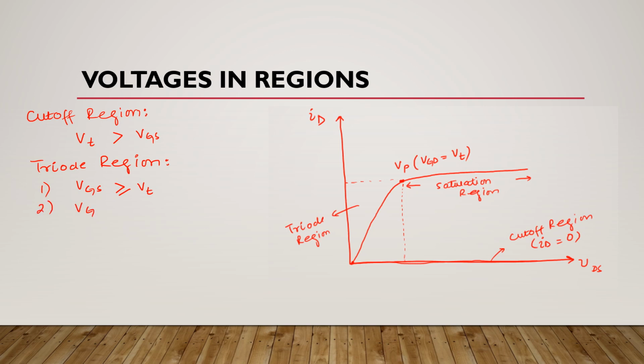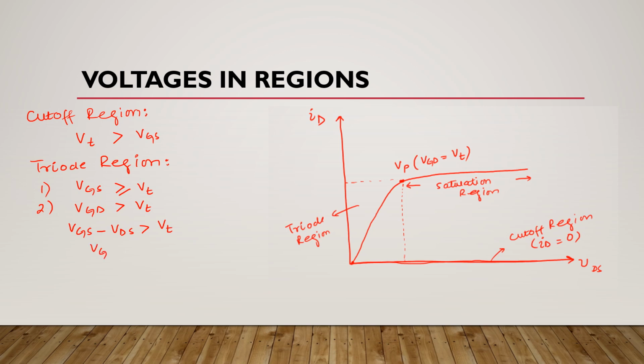gate to drain voltage is greater than threshold voltage. Now we can write it like this: VGS minus VDS is greater than threshold voltage.